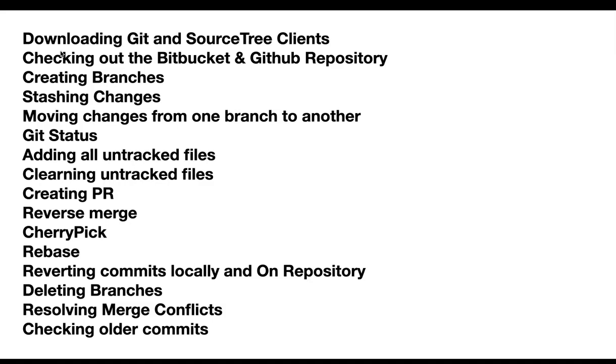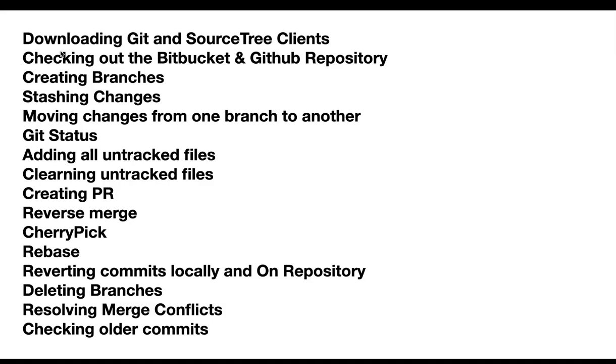First, you check out the source code from the web-based repository, that is Bitbucket or GitHub. You create branches, save your changes temporarily, move changes from one branch to another, and find out what different changes you made on a particular branch. Adding untracked files, any files which you have added but sometimes may not be added; if that is okay, you need to add them.